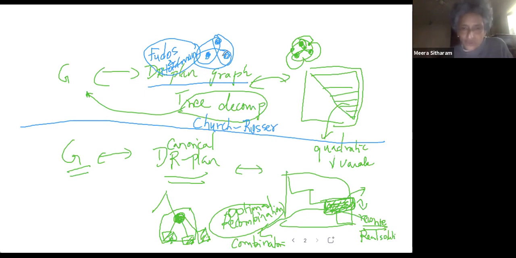You greedily choose 3, right? Then you proceed in this fashion, and you can show that if it is 3D composable, you will find that out, and at the same time you've produced the DR plan for it as well. Perfect. Does it make sense? Yeah.